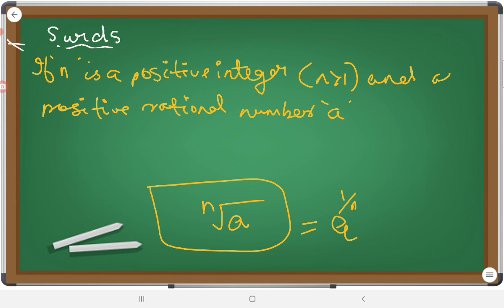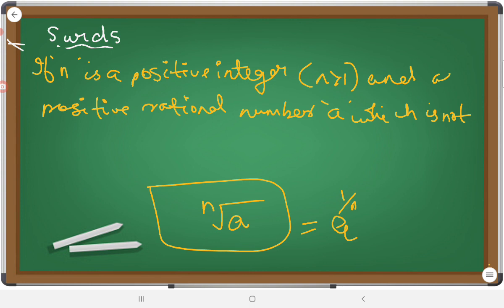We'll discuss that later. Now, the positive rational number a should not be the nth power of any rational number.